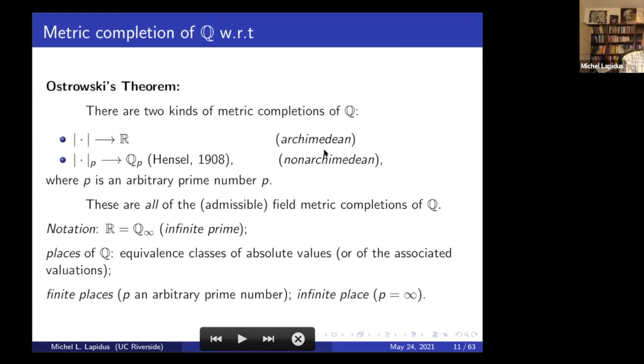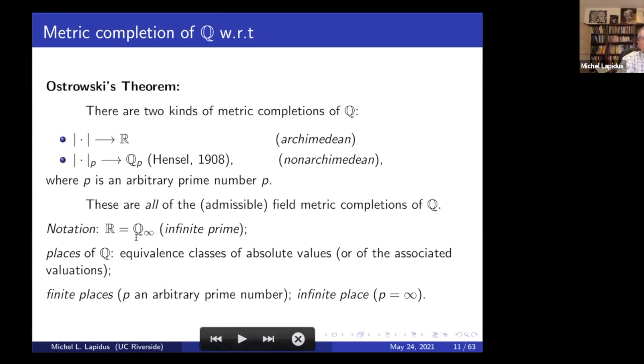And in the non-Archimedean case, for any prime p, after completion with respect to the p-adic absolute value on the rationals, you obtain Qp, the field of p-adic numbers. So these are all the admissible field metric completions of Q, up to a trivial equivalence relation.